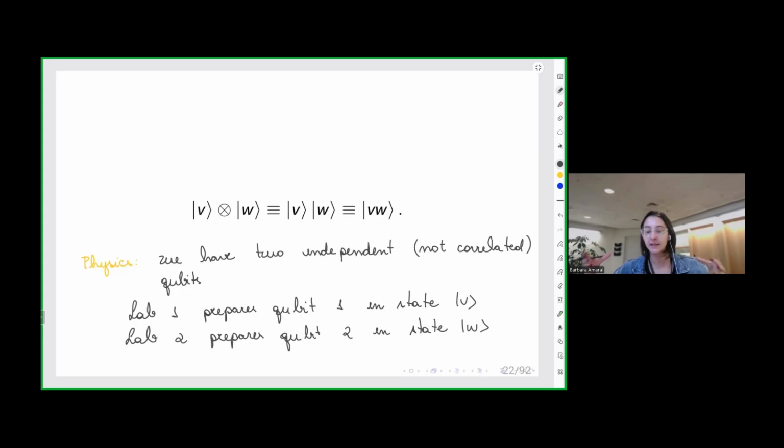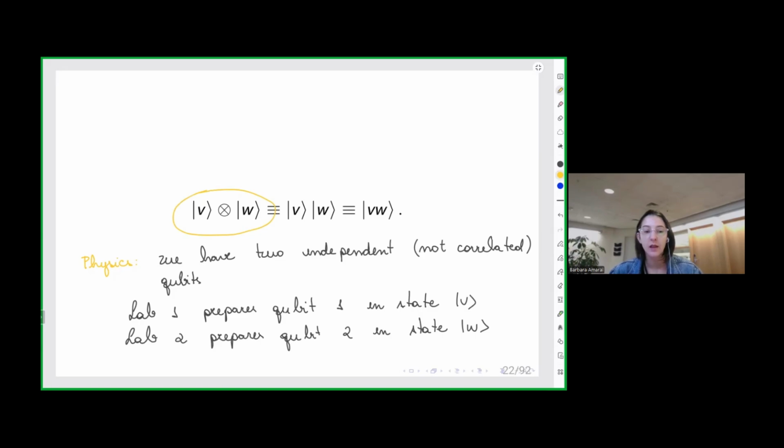Two independent qubits. There is no correlation between them. They never interact. They were independently prepared. The first one was state 1, the second one is state W. So the joint system will be described by this tensor product.